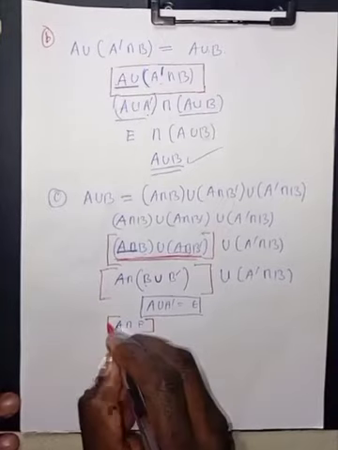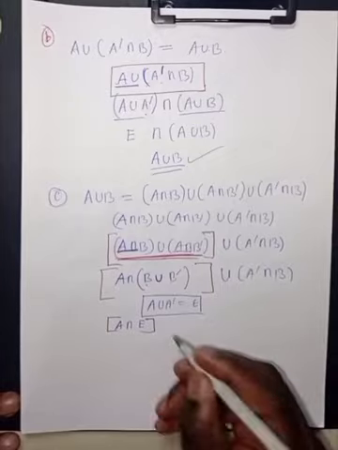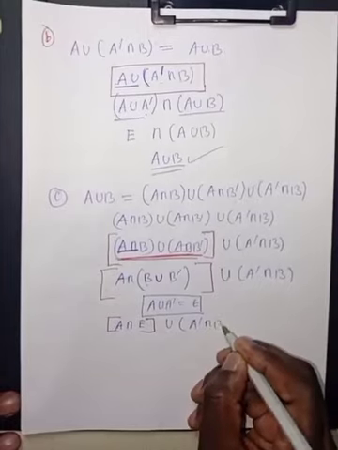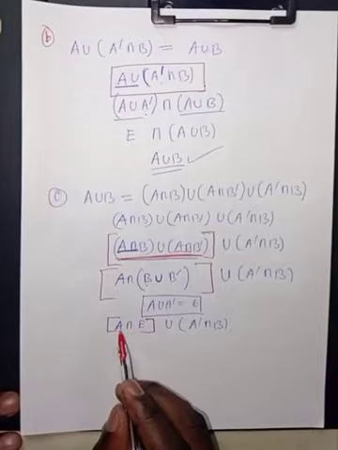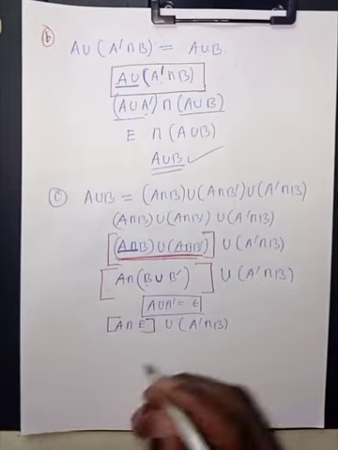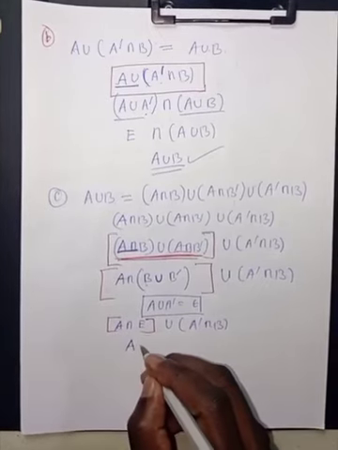Then we can do this to show that we are working with this one here, and then we say union A complement intersection B. But what is A intersection E? Okay, so intersecting any set with its universal set, the answer is basically that same set.